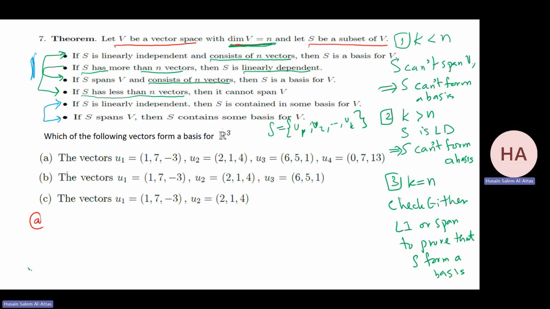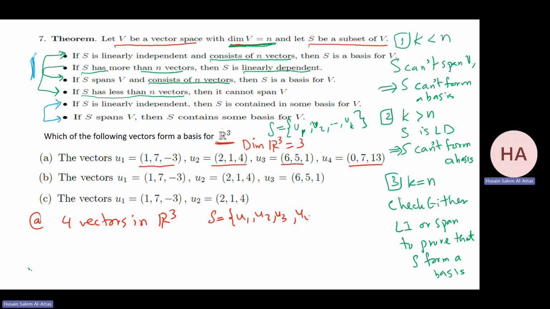1A. How many vectors do I have? We are in R3. So what's the dimension here? The dimension of R3, I know it's 3. How many vectors do we have? 1, 2, 3, 4. I have 4 vectors in R3. Which case? The set S is U1, U2, U3, U4, so it has 4 vectors.